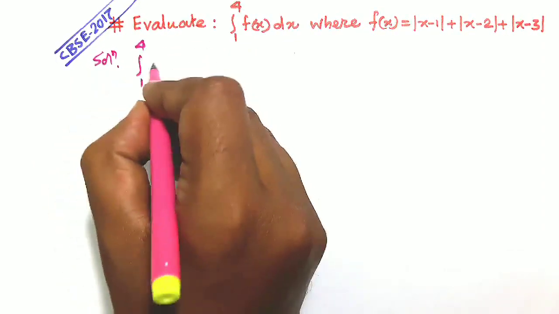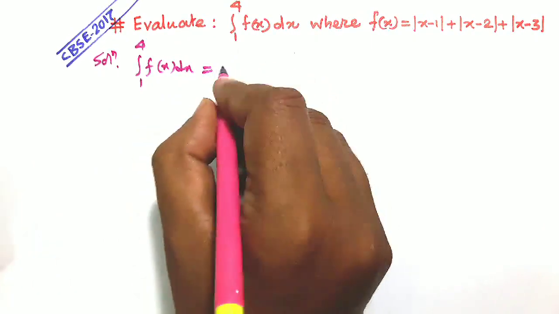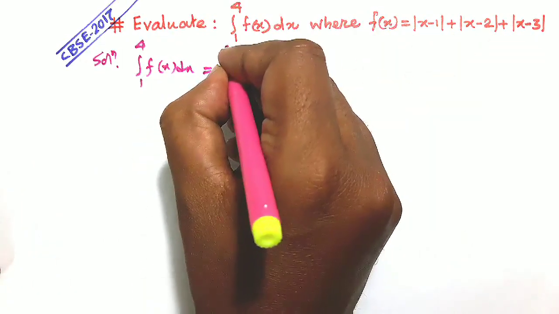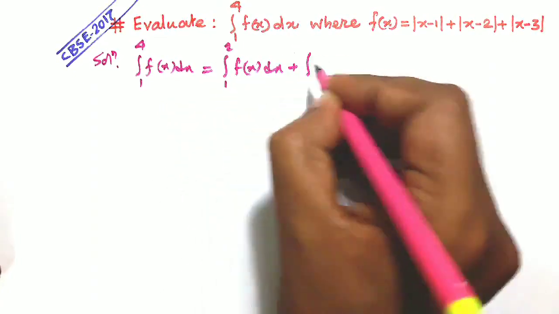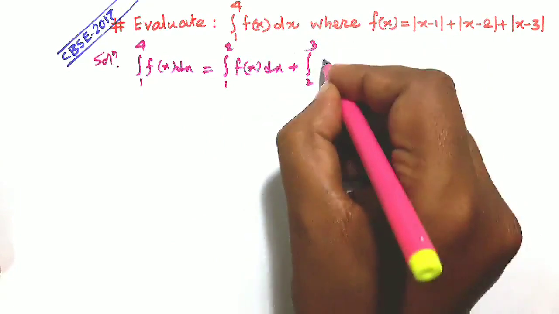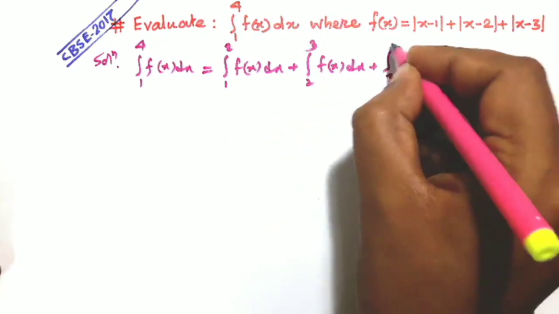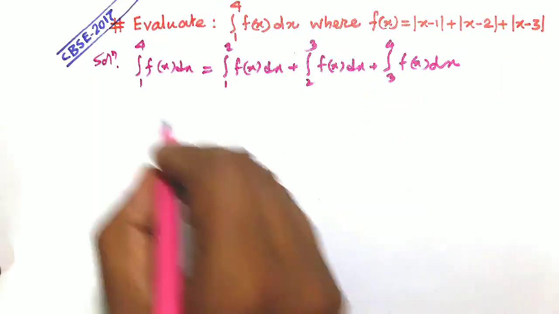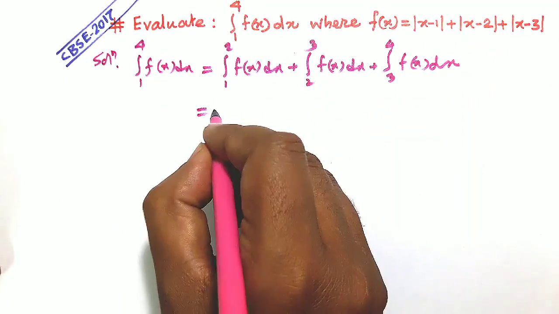Integration 1 to 4 f of x dx is equal to integration 1 to 2 f of x dx plus integration 2 to 3 f of x dx plus integration 3 to 4 f of x dx.